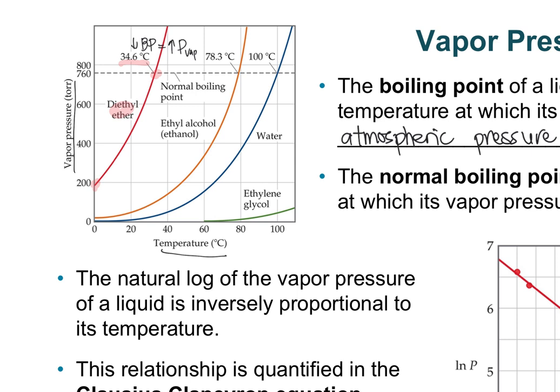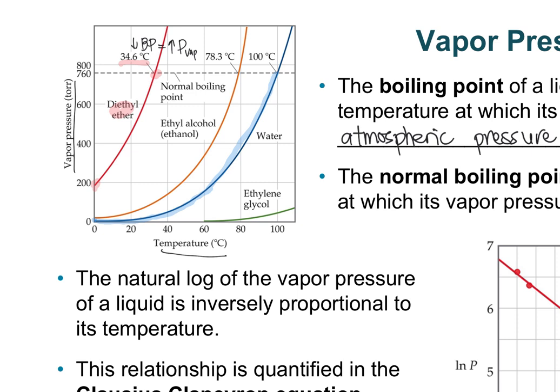So once again, we're seeing low boiling point equals high vapor pressure. And so we can continue for some of these other molecules that have stronger IMFs, such as ethanol or water. Let's do water. Water has a really low vapor pressure at low temps because it has strong IMFs. As we heat it up, we're exciting those molecules, especially at the surface, and so more and more of them escape into the vapor phase, until eventually it reaches atmospheric pressure.